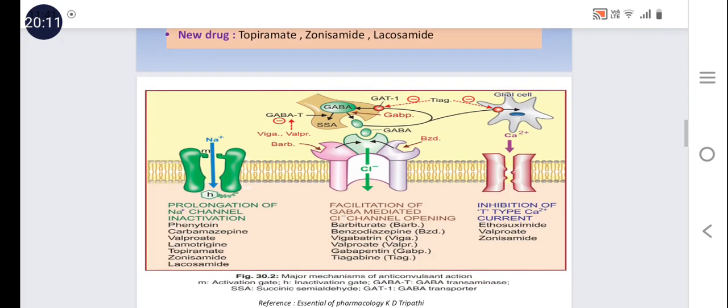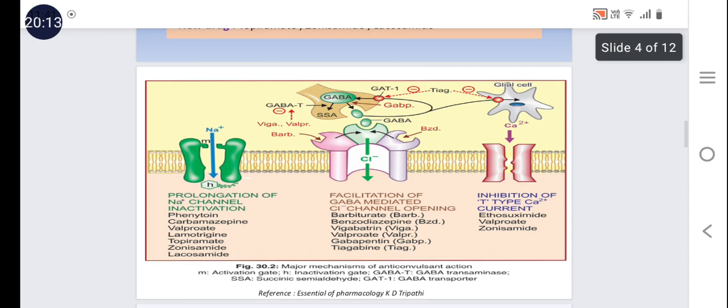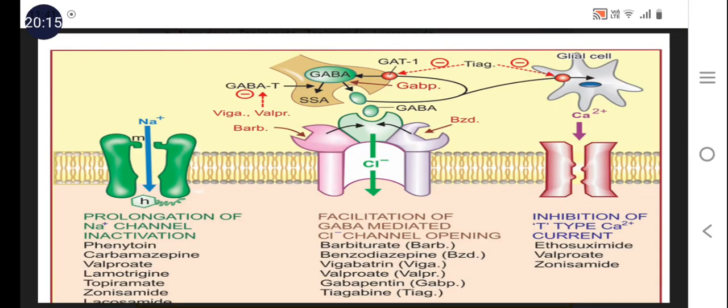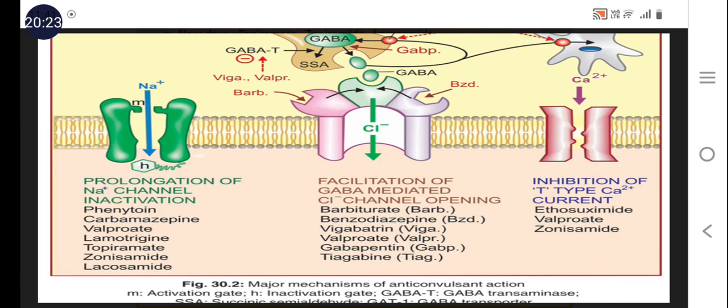The mechanism that we use in the treatment of epilepsy is to prolong the inactivation of the sodium channel. When the entry of sodium is inhibited, it leads to the inhibition of depolarization, and so repetitive generation of the action potential is inhibited.